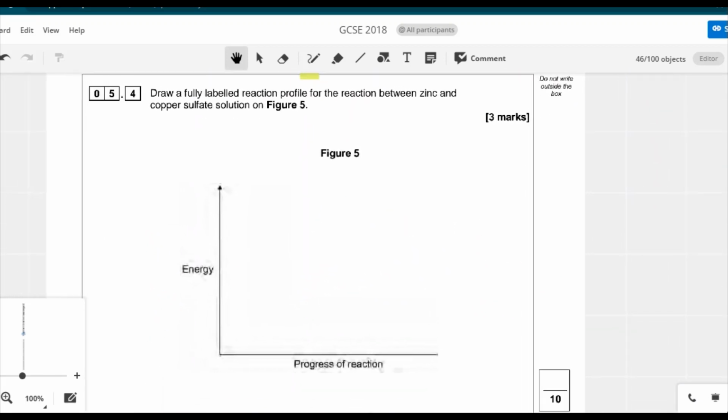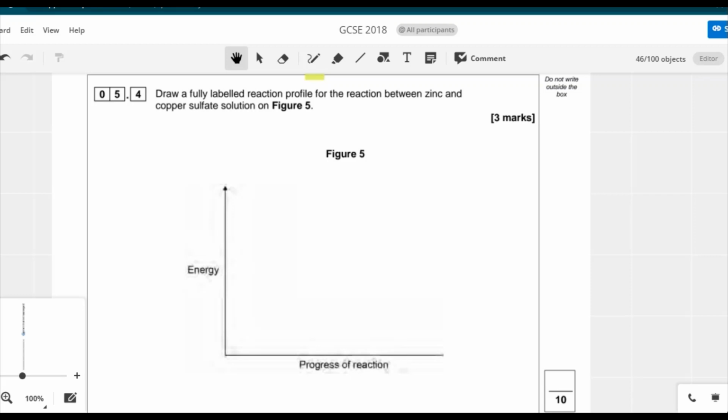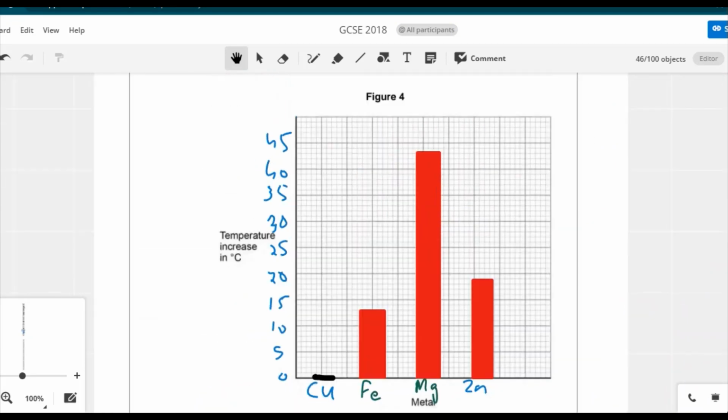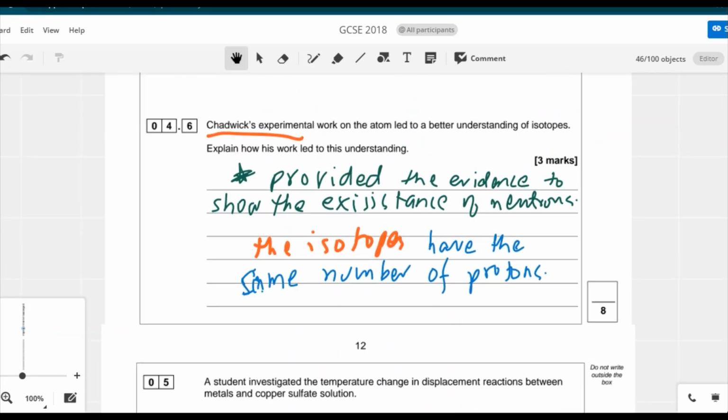Okay, now 5.4. So 5.4 is about drawing a fully labeled reaction profile for the reaction between zinc and copper sulfate solution on Fig 5. So here we need to find the zinc and copper sulfate solution. Here is Fig 5.